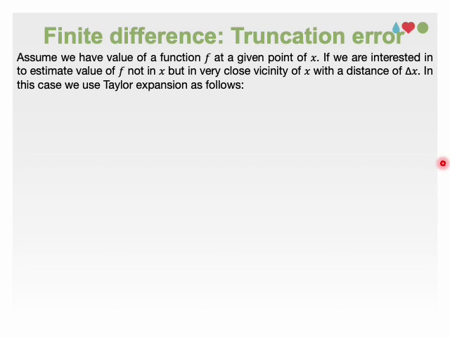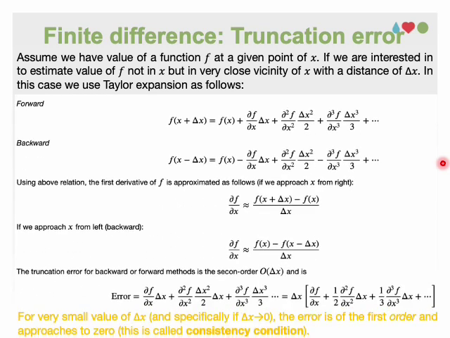To approximate functions and estimate the truncation error, we use Taylor expansion to expand the function values of f in a Taylor series about point xk here, in both forward and backward directions as given in these formulas.